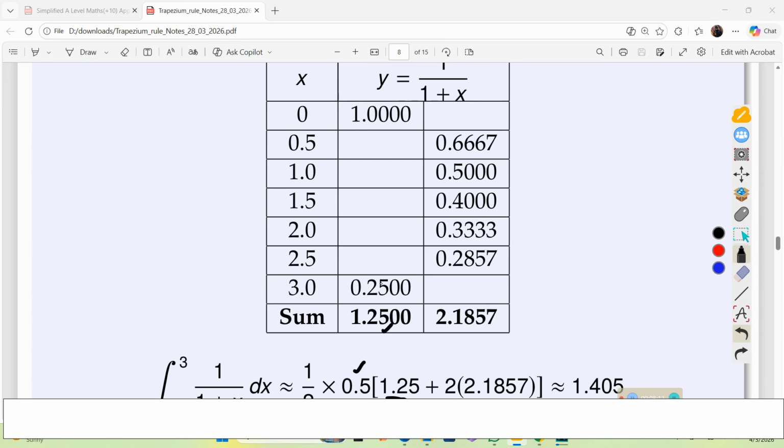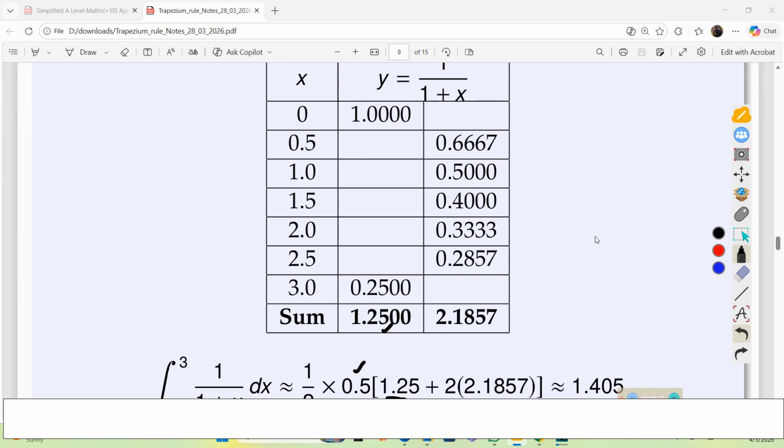So these extreme values, you add them, then these ones in the middle, you multiply by 2, and that is what we shall have. So multiply this by 2, then add 1.25, then multiply by 0.5, then divide by 2, or multiply by half. You'll get 1.4053.